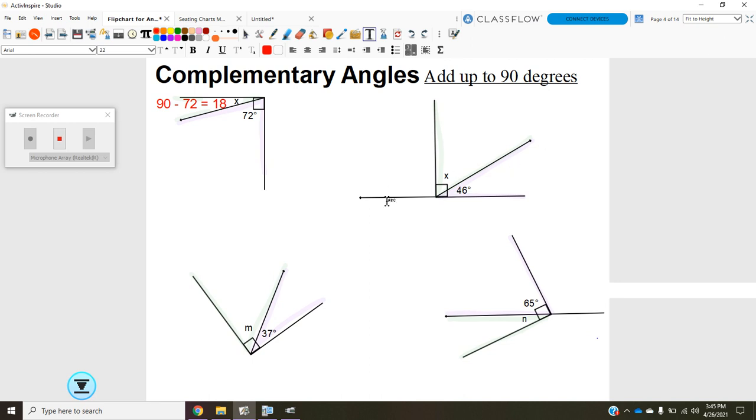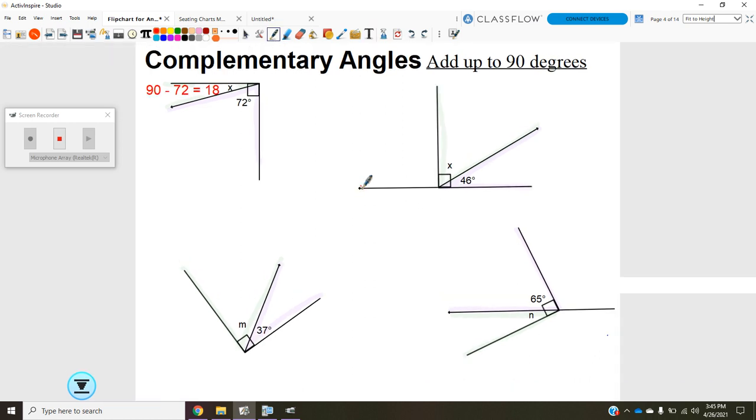Sometimes there are extra lines drawn that you don't really need. For example, here there's an extra line, and here there's an extra line.